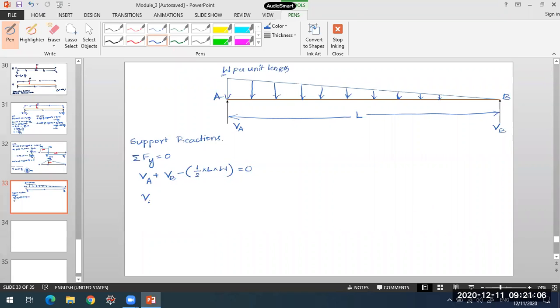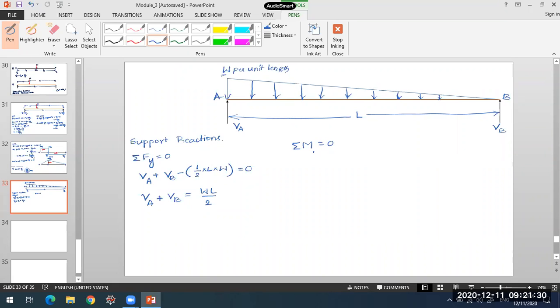Or we can simplify this as VA plus VB equal to W into L by 2. Next, one more condition of equilibrium is that the summation of moments should be equal to 0.